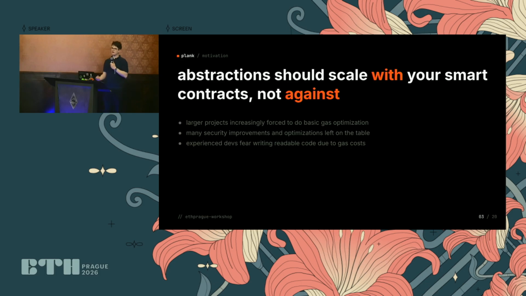Once you get really deep into Solidity, you start to understand how much every little thing that you take for granted costs. When you are aiming to deliver the best transaction costs and the best experience for your users, that really starts to matter, and that means you have less time in the development process left to focus on the actual application itself. That's something I want to solve with Plank. I want the abstraction to scale as your project grows.